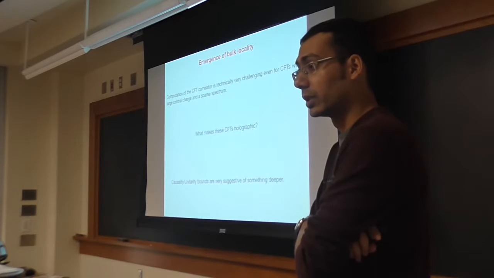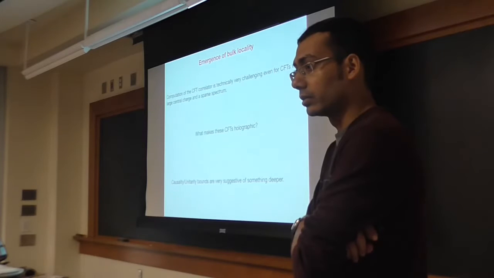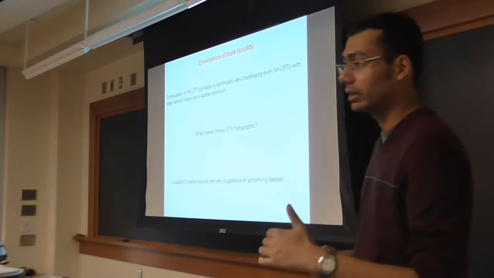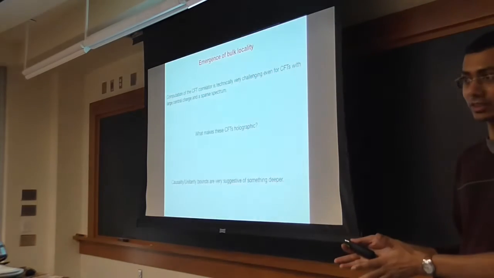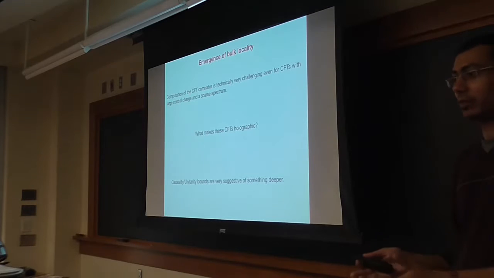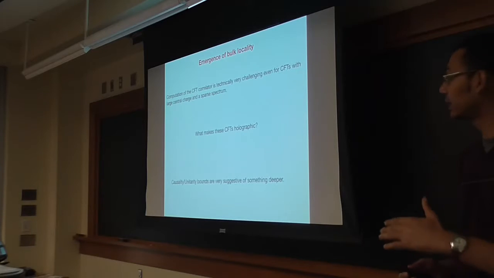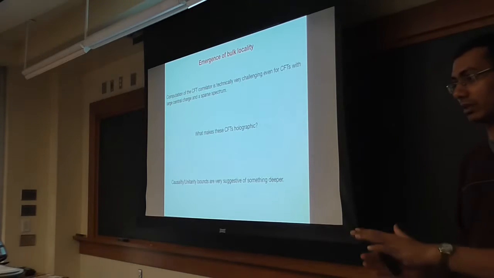What are these CFTs if you don't assume holography at all? What's the class that defines? Oh, basically they have to obey two conditions. First of all, the central charge is large, and there is a gap for all primary operators with spin greater than 2. So yeah, when I say holographic CFT, now I mean basically this.